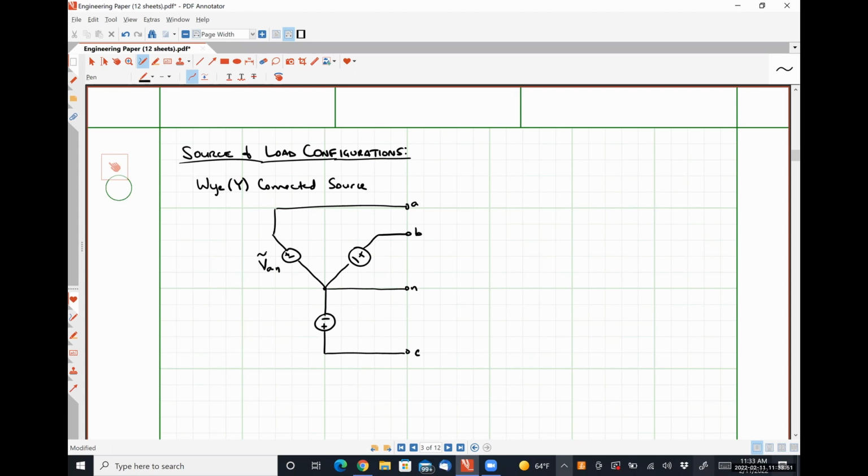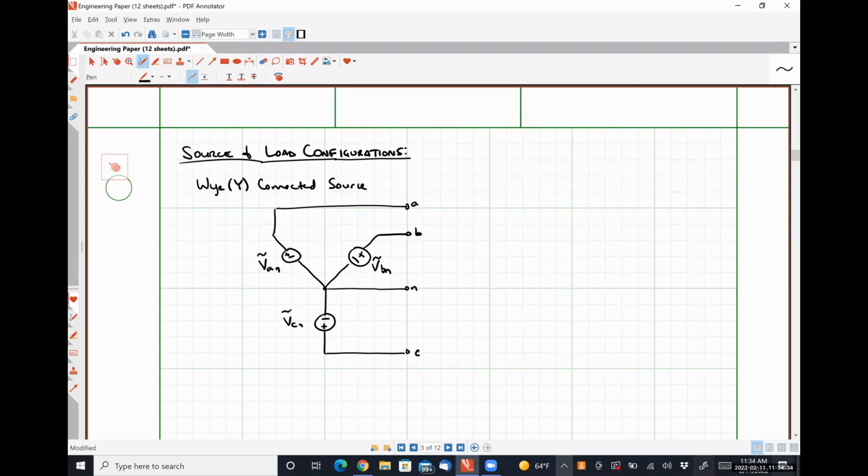Whenever I am on the source side of the circuit, I'm going to use lowercase subscripts. Whenever I'm on the load side of the circuit, which will come about in a couple of minutes, I'm going to use capital letter subscripts. Okay. So this would be voltage VBN, and this would be voltage VCN.